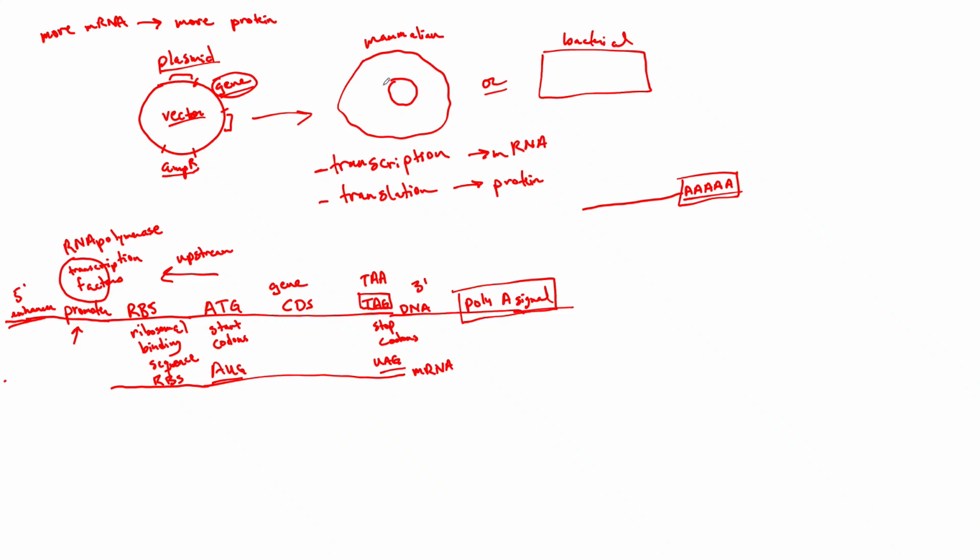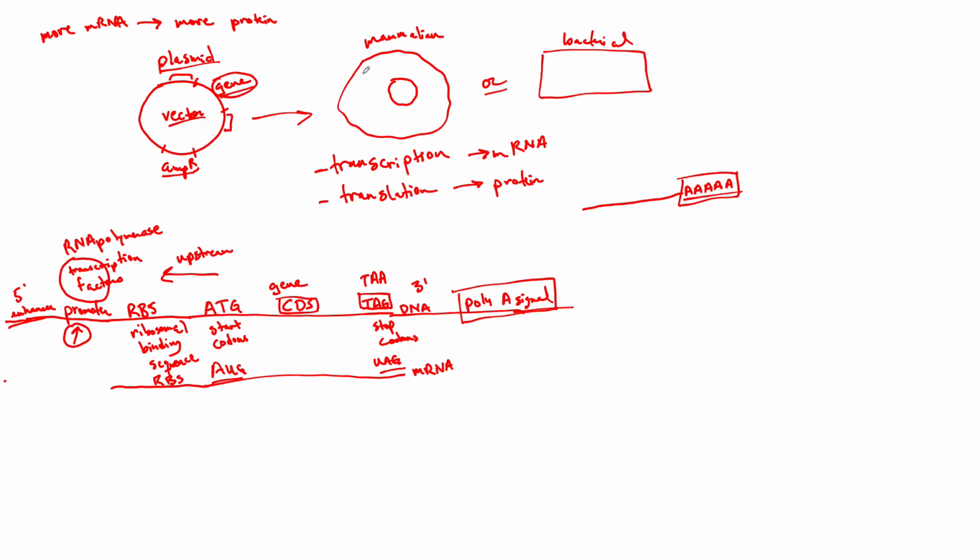And depending on which, the promoter we put, or the promoter that we engineer to be upstream of the coding sequence, needs to be one that's recognized by that type of cell. Not all cells will recognize and be able to utilize all different types of promoters.